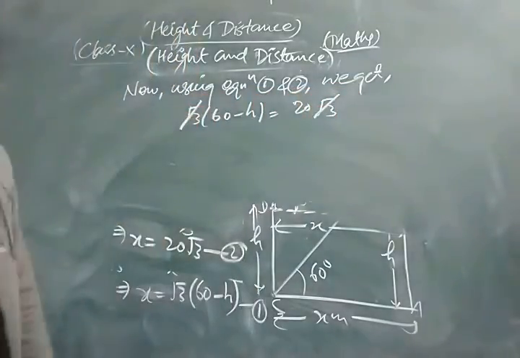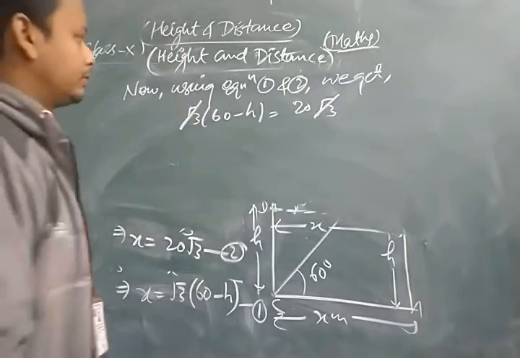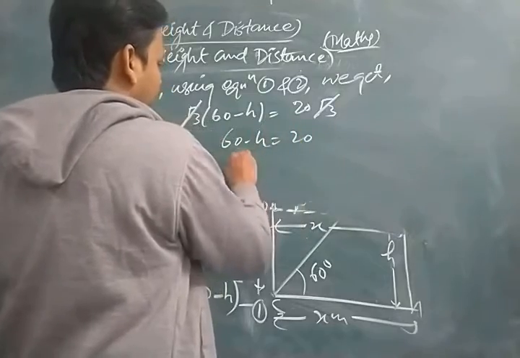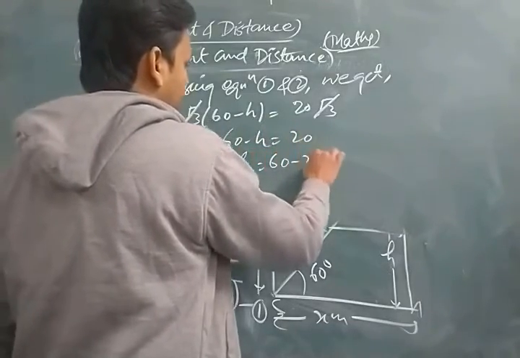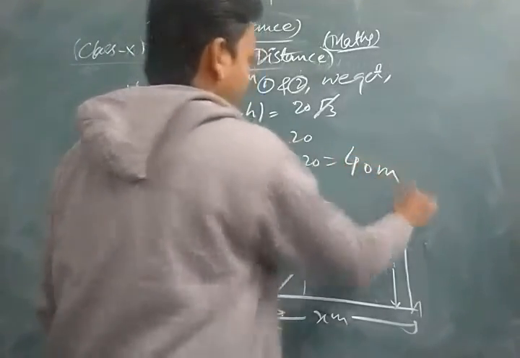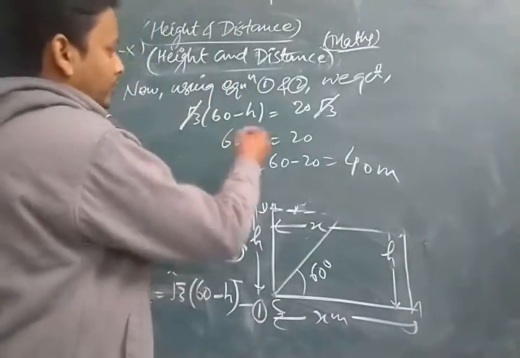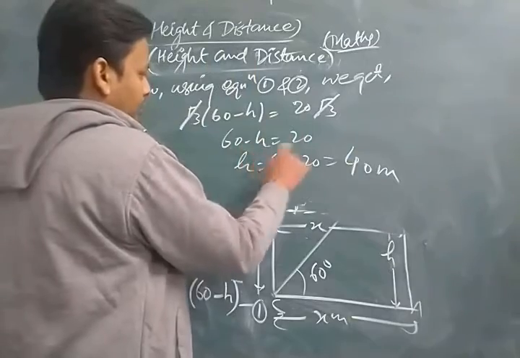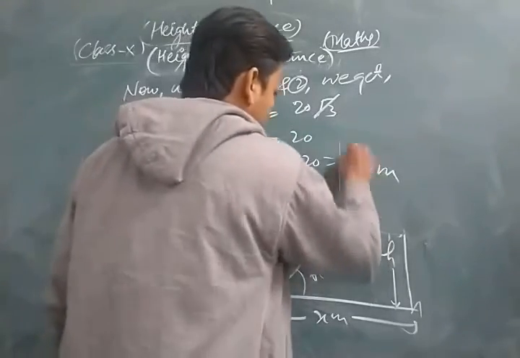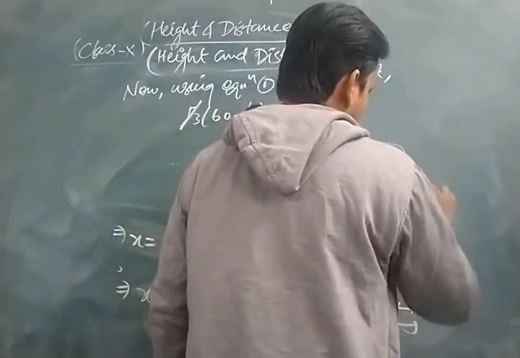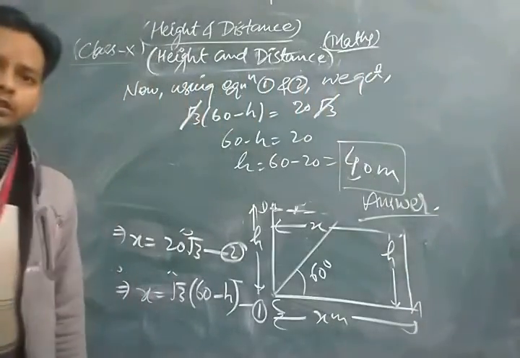Root 3 cancels on both sides. Now 60 minus H is equal to 20. So H is equal to 60 minus 20, that is 40 meters. This is the required solution of the given question.